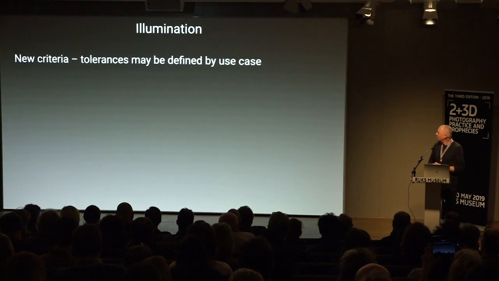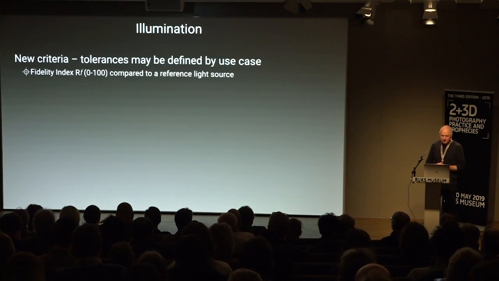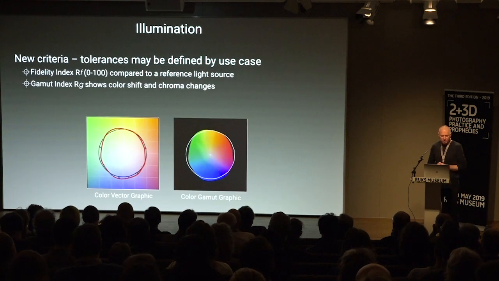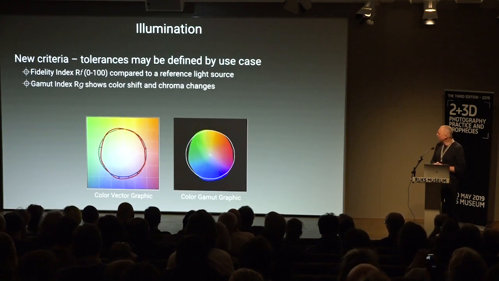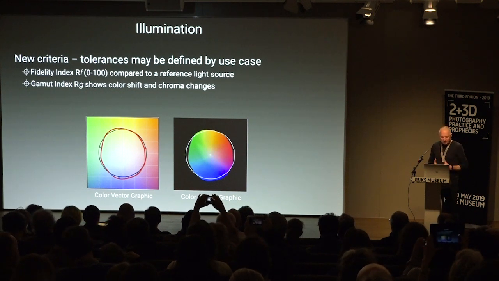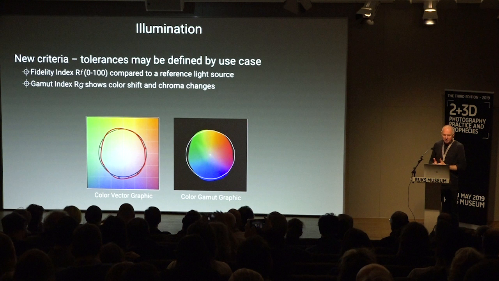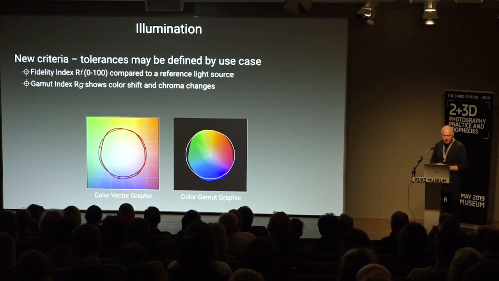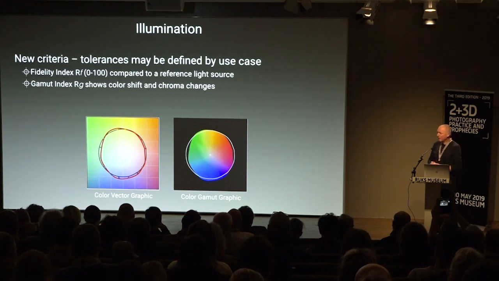And they also invented 2 new factors that allow to judge color of the light, the quality of the light. And that's the fidelity index, which is similar to the color rendering index. And important, the gamut index.